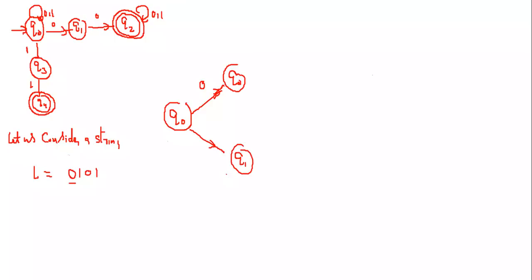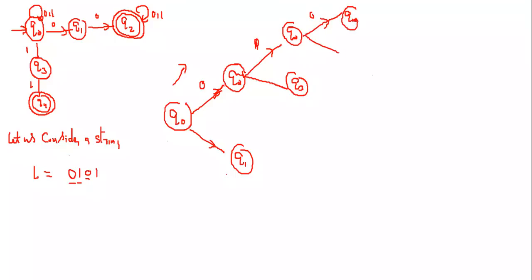Again, 1 on Q0, either you can go to Q0 or you can go to Q3. What is the next symbol? 0. 0 on Q0, either you can go to Q0 or Q1. Again on 1, either Q0 or Q3.